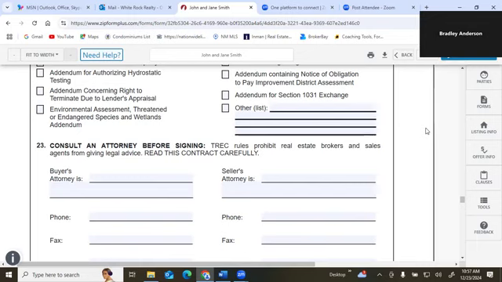But if your transaction involves any level of complexity, you need to impress upon them the offset of spending $300 to have a lawyer give a once-over on this versus being out hundreds of thousands of dollars is a pretty easy decision to make.